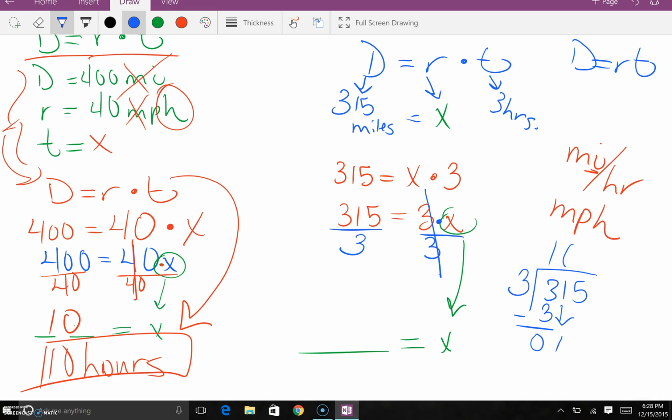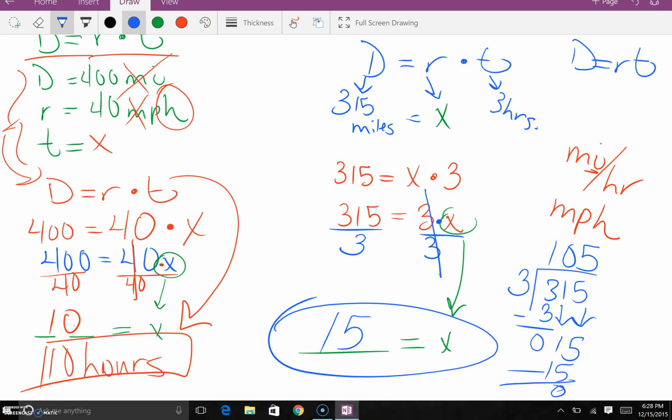Three cannot go into 1, but it can go into 15 5 times. So x equals 105. Okay, to check it, I'd just plug that back in.